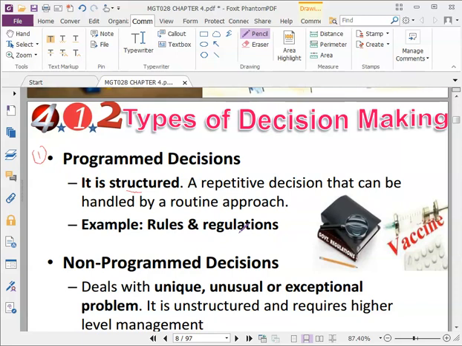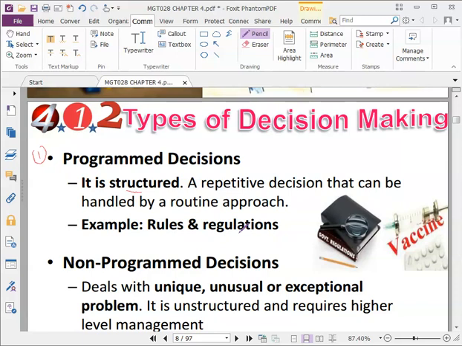Okay, sama juga if in the management, okay, or organization. Okay, kalau every day, the staff will come to the office. Okay, the first thing that they must do is thumbprint. Okay, record their attendance, for example.